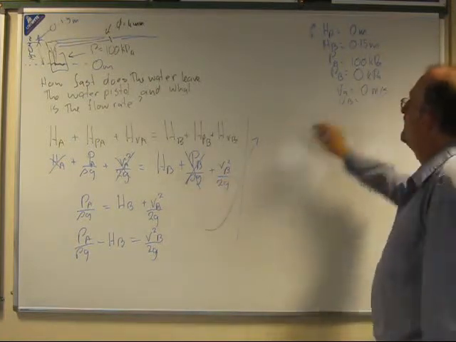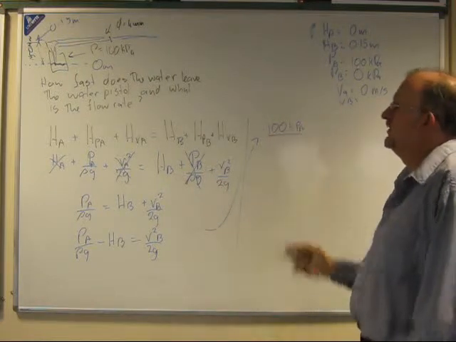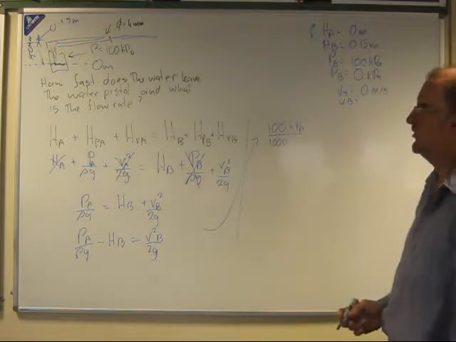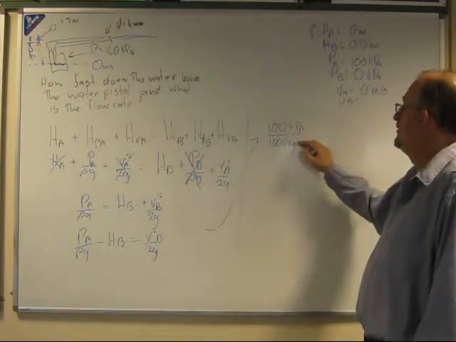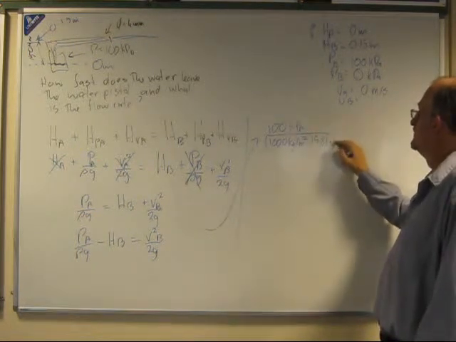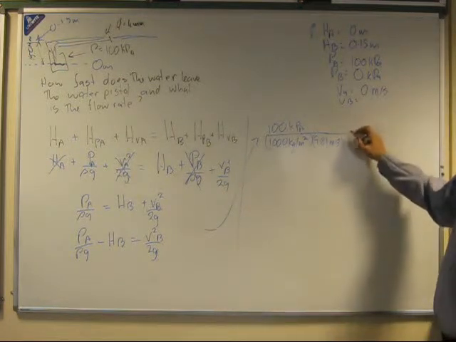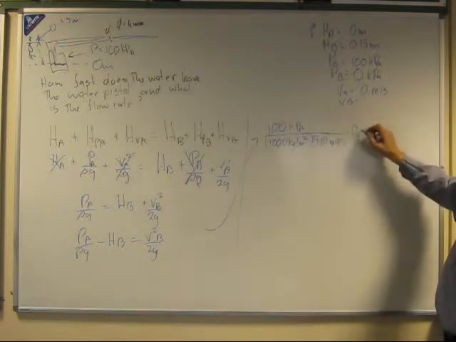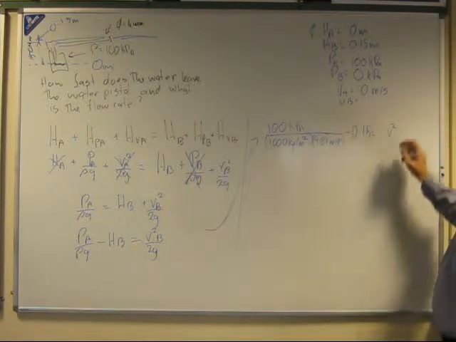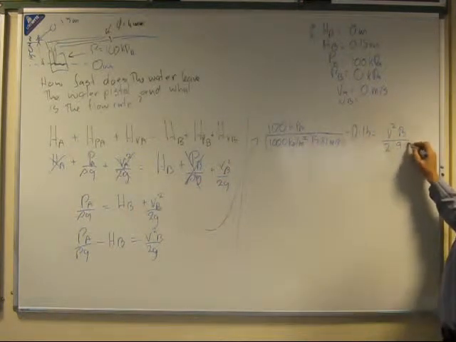Pressure A is 100 kilopascals over the density of water, which is 1,000 kilograms per cubic meter, times gravity, minus 0.15 meters equals VB squared over 2 times 9.81. It better be water that's squirting at people.